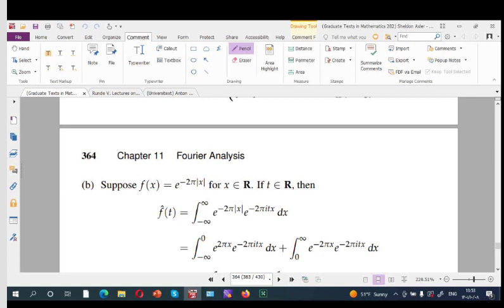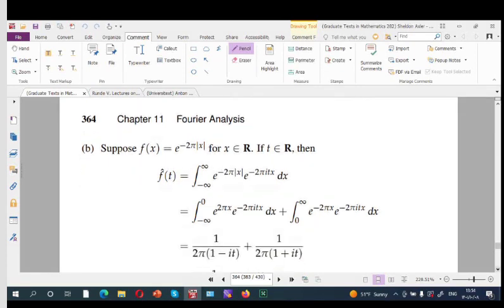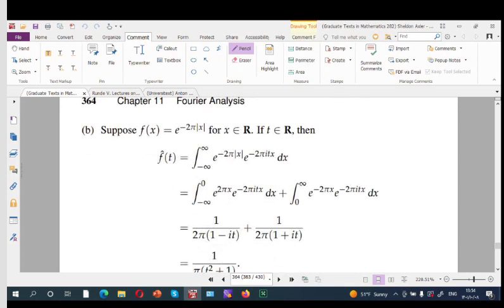And as another example, if we consider this function f of x equal to e to this power, then the Fourier transform of f is f hat of t equal to this integral.